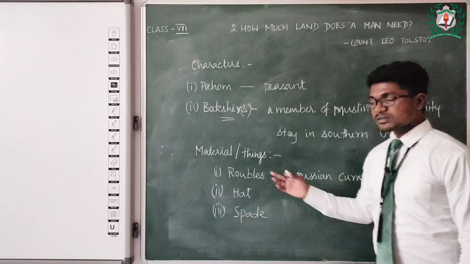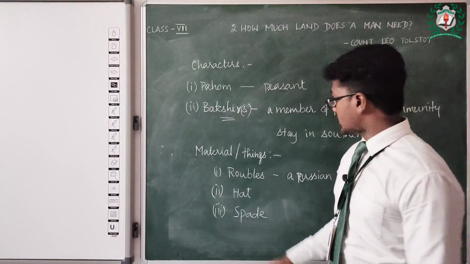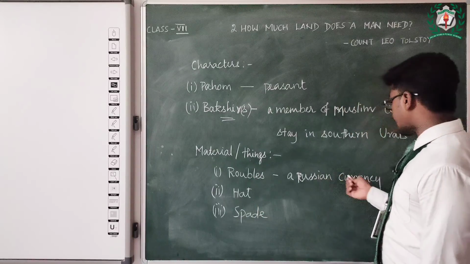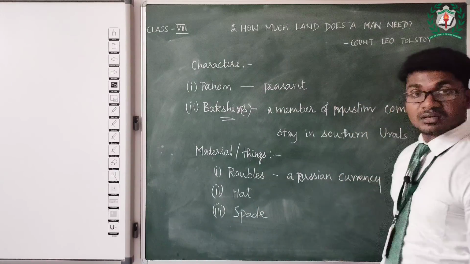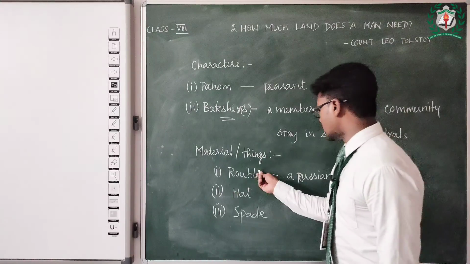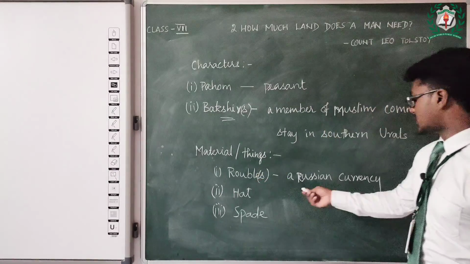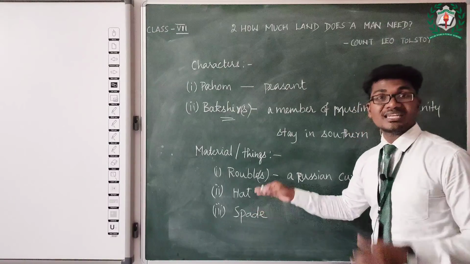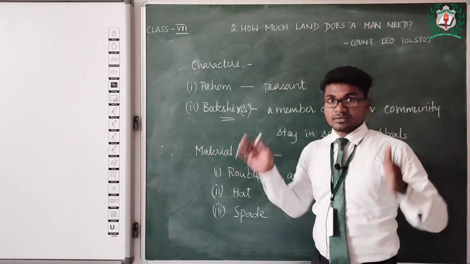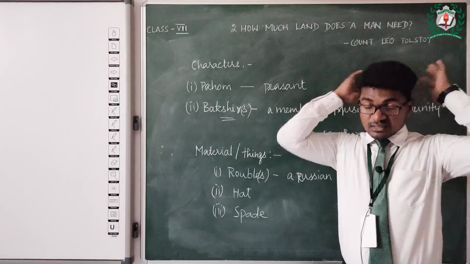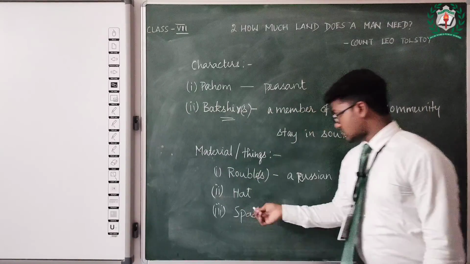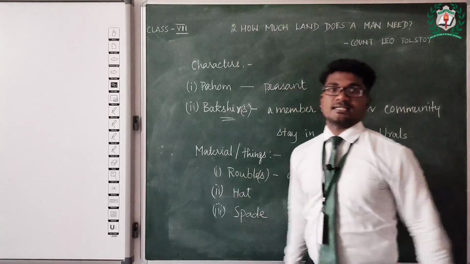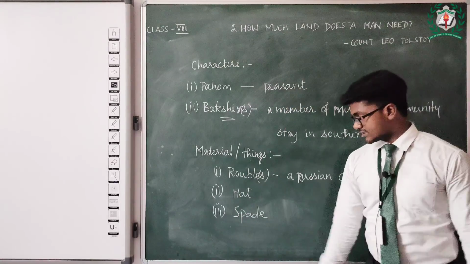The materials used in the story are rubles, a Russian currency, and a hat. There is a difference between hat and cat. The hat is round in shape. Next is the spade, which we use to dig the earth or sand.